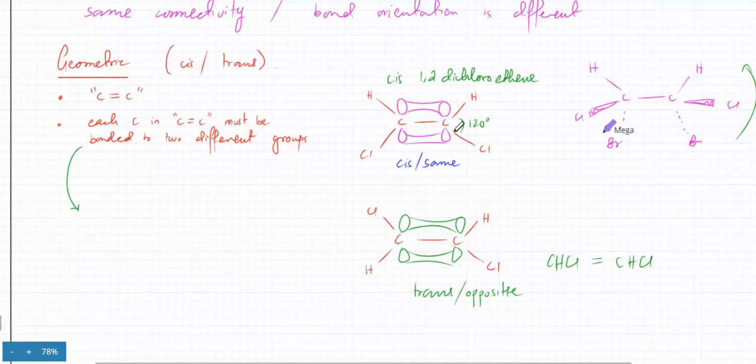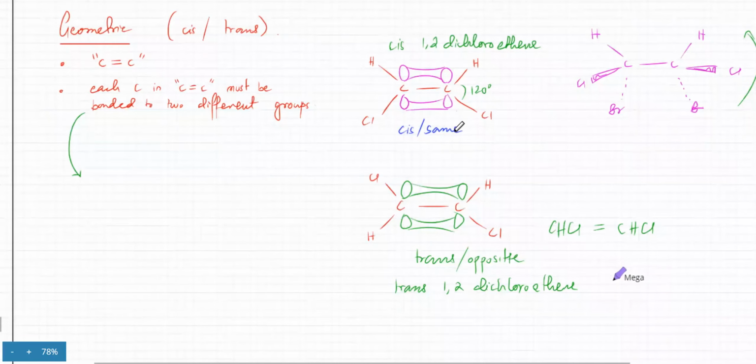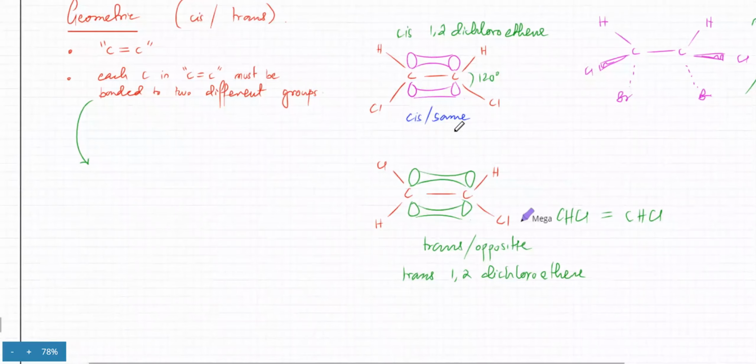So in front of the name, you're going to write cis. And the second one is going to be called trans, and it's also 1,2-dichloroethene. Exactly the same structure, but different three-dimensional arrangement. So this is the first type, geometric isomers.